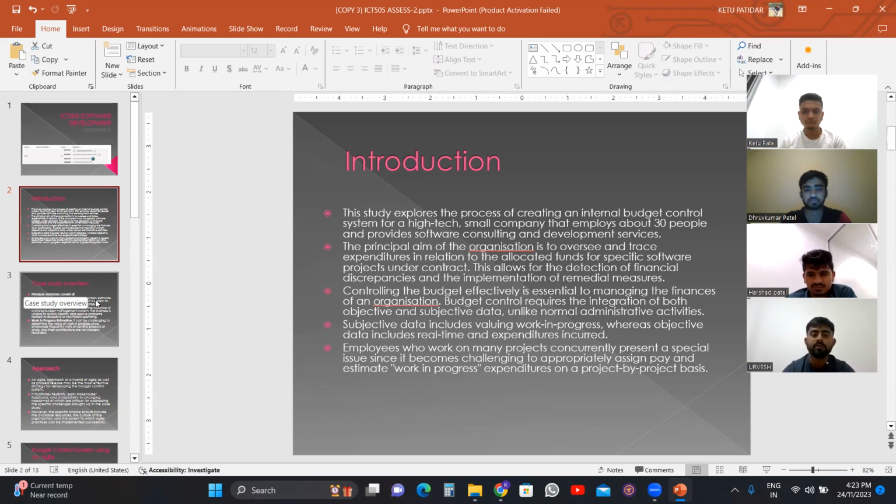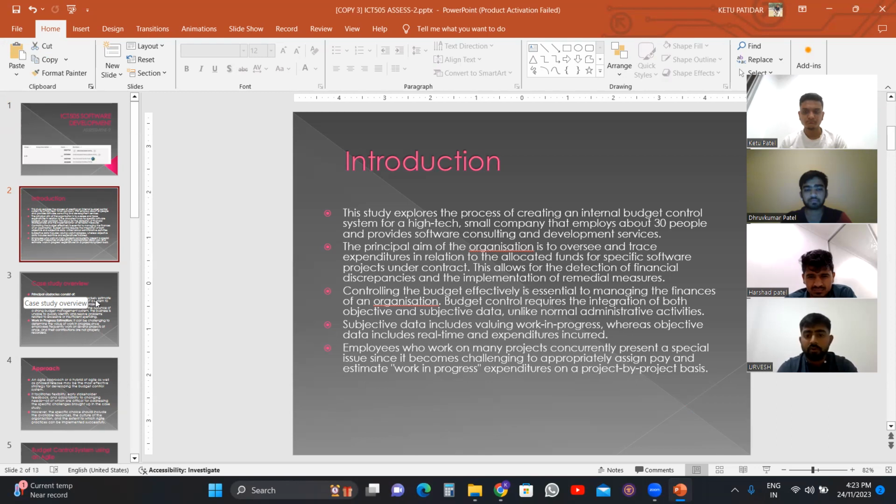And the normalization of the activity for the customer and everyone. About the more subjective data, including the valuation of the work in process, the objective data include the real-time expenditure income. That means sometimes one or two employees work at the same time on two or three projects, so we normalize the work process and everything.